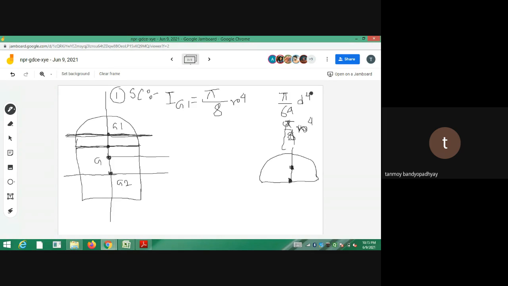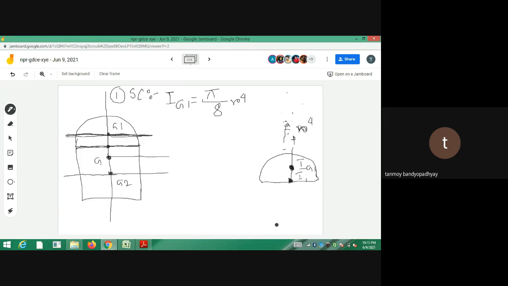Wait, let me cancel this. Let's calculate it separately. Suppose I am having a semicircle, and I have to calculate IG1, and I have already got the value of I1.